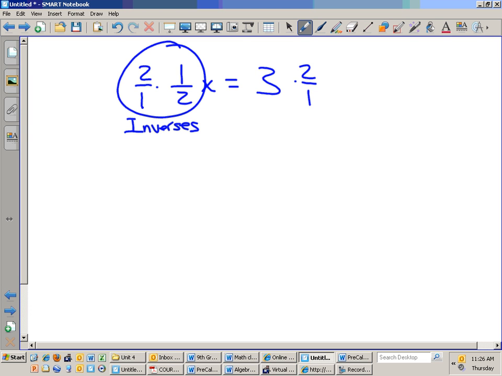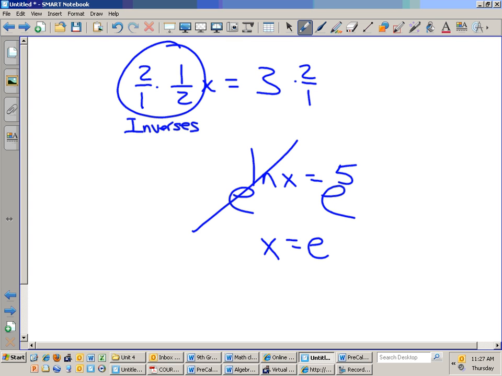And if you have something like this, the natural log of x is equal to 5, how do you get rid of the natural log piece? You raise each as a power of e, and that will get rid of that because those are inverse operations of one another. You'll be left with x is equal to e to the 5th.